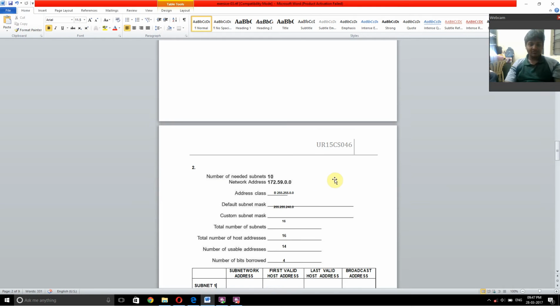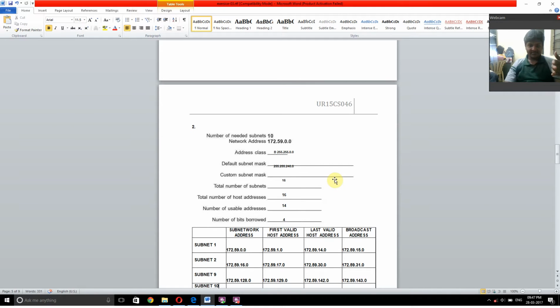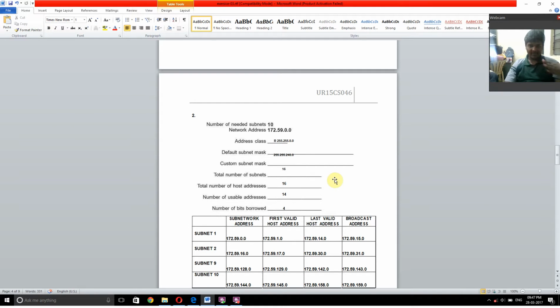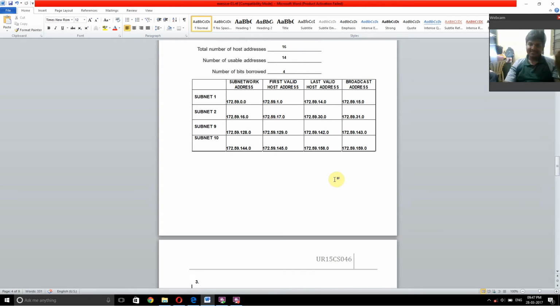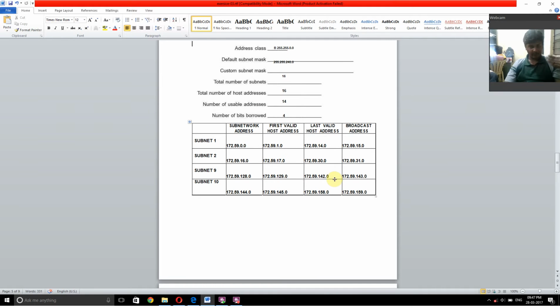And the second is also about the number of needed subnets, which is 10, and the network address is 172.59.0.0, and here the address class used is B, that is 255.255.0.0, and the custom subnet mask is 255.255.240.0. The total number of subnets is 16.